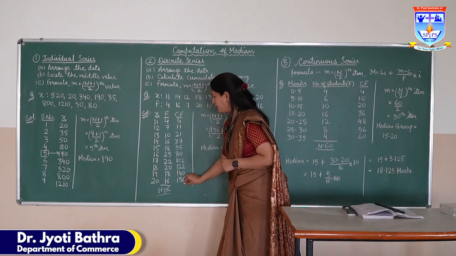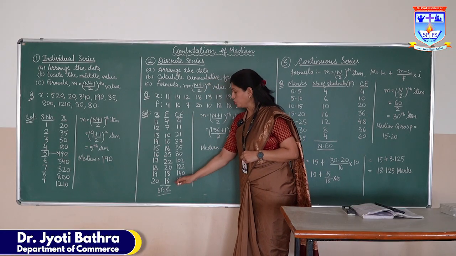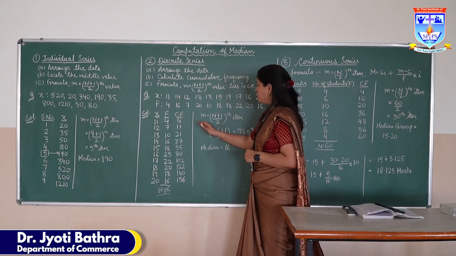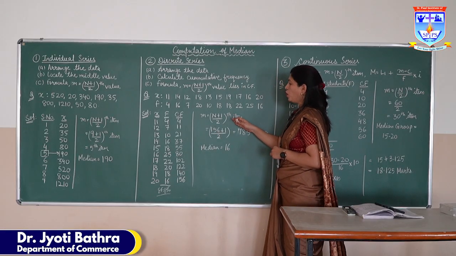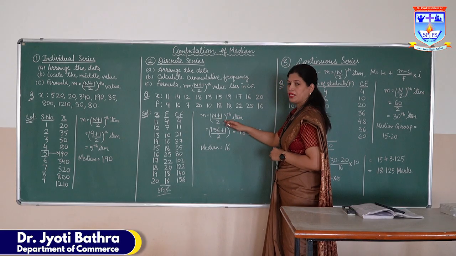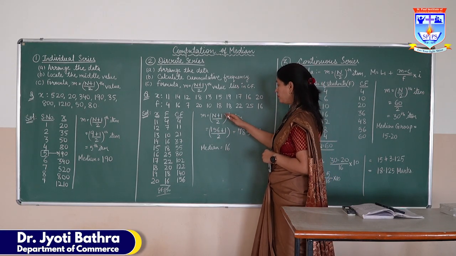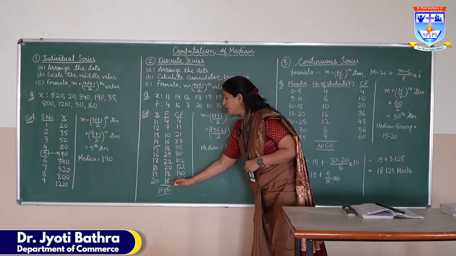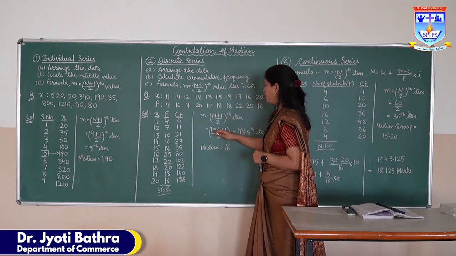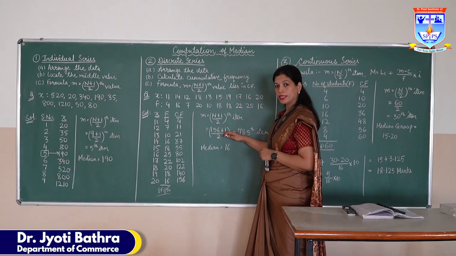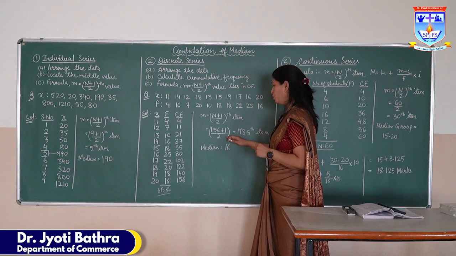This total and the last number of the cumulative frequency should be the same. Here we will use small m equals (n plus 1) divided by 2, where n represents the total number of frequency. We put the value 156 plus 1 divided by 2.